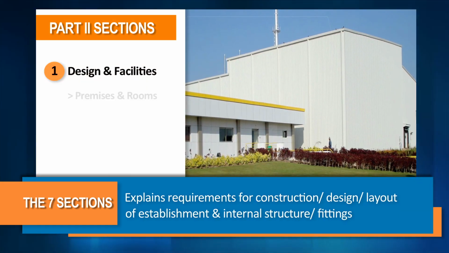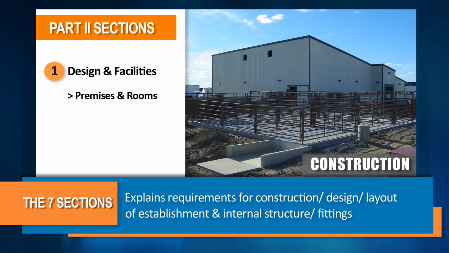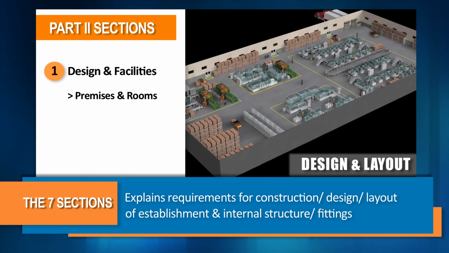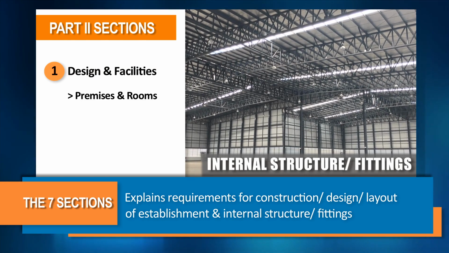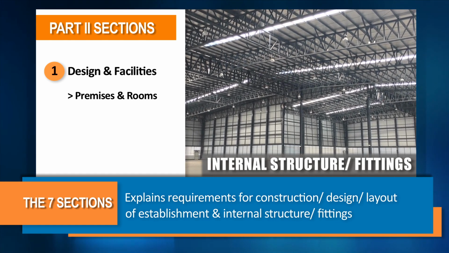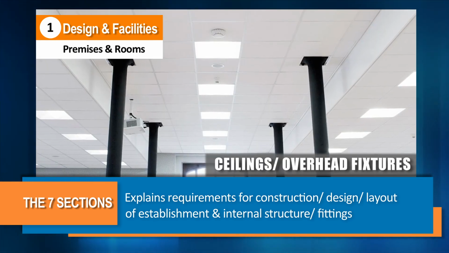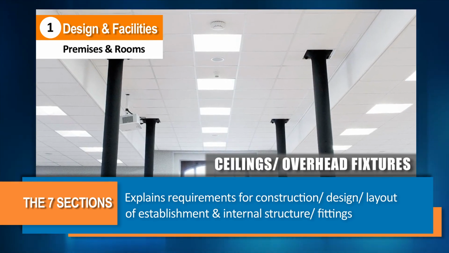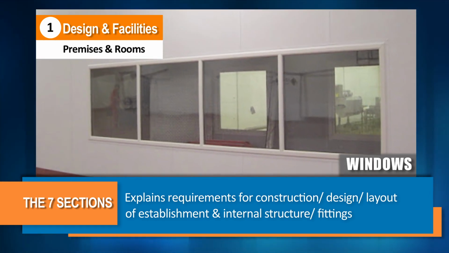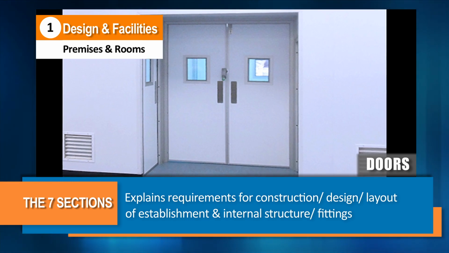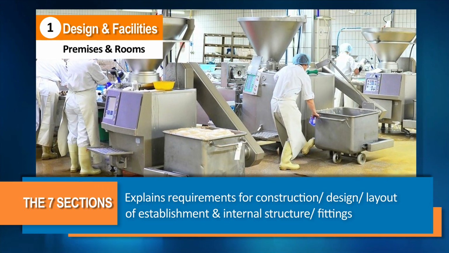The subsection Premises and Rooms explains requirements for construction, design, and layout of the establishment, and the internal structure and fittings such as walls and partitions, ceilings and overhead fixtures, floors, windows, doors, etc. of the establishment to ensure hygienic working environment.